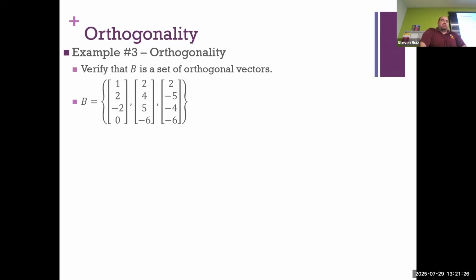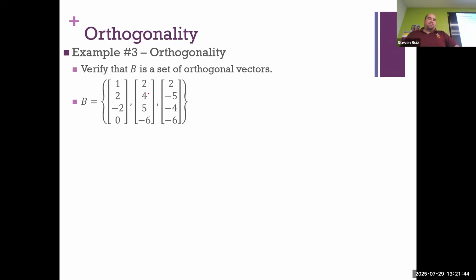So we've talked about what it means for two vectors to be orthogonal to each other. How do we do that for a set of more than two vectors? You just dot them all together. At the same time?